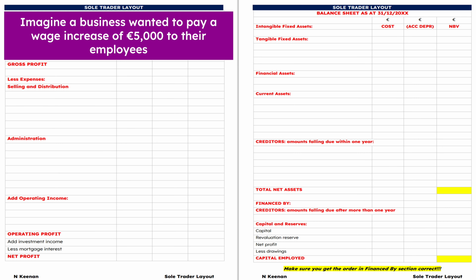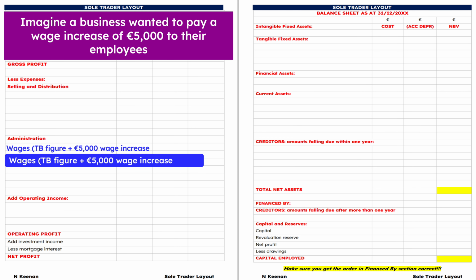Now, imagine a sole trader business wanted to pay a wage increase of $5,000 to their employees. You would just add $5,000 to the wages figure from the trial balance or the salaries and general expenses, whatever figure it might be. Then in the creditors you will add $5,000 wage increase due.